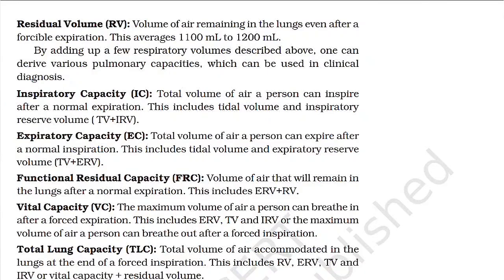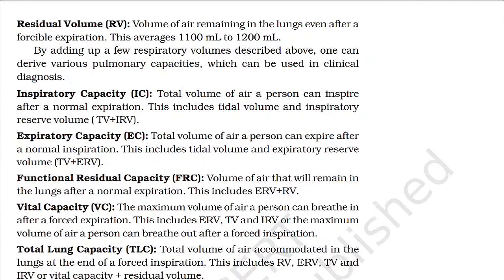By adding up a few respiratory volumes described above, one can derive various pulmonary capacities, which can be used in clinical diagnosis. Inspiratory capacity, IC: total volume of air a person can inspire after a normal expiration. This includes tidal volume and inspiratory reserve volume, that is TV plus IRV.